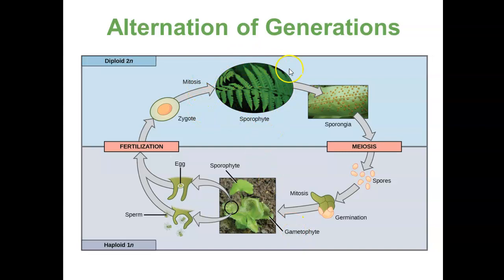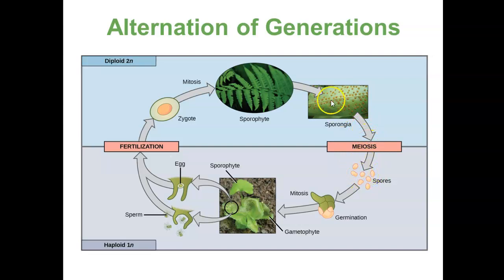And eventually that sporophyte will have some structures that are going to go through meiosis to produce haploid cells. In a way, you could think of these as being kind of like the ovaries or the testes on an animal, in that they are diploid cells that produce via meiosis some haploid cells.